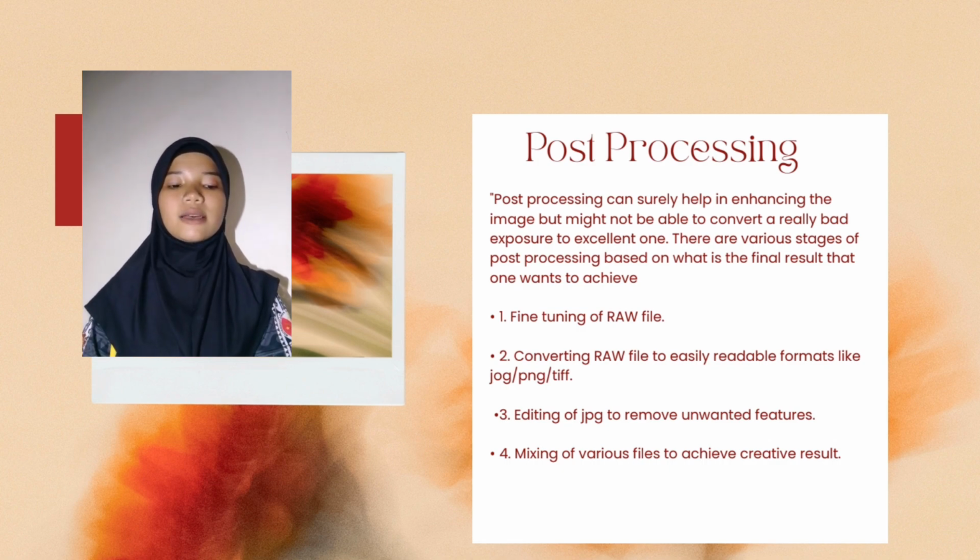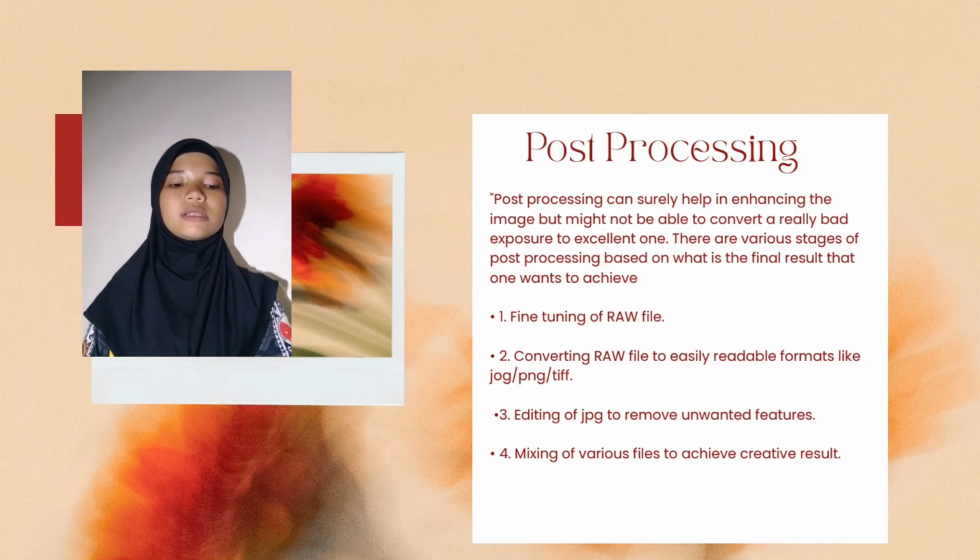The second step is converting raw files, which cannot be viewed easily on all devices. You convert them to JPG, PNG, or TIFF so they can be opened and shared. Example, after editing a raw file, you export it to JPG so you can upload it to Facebook.